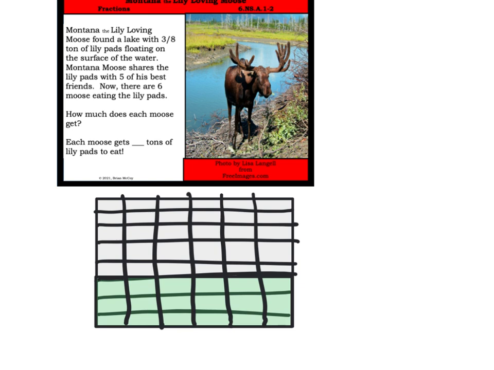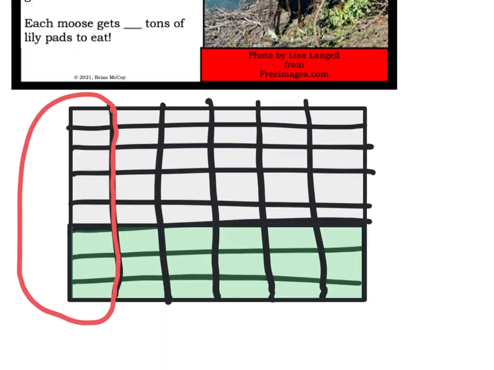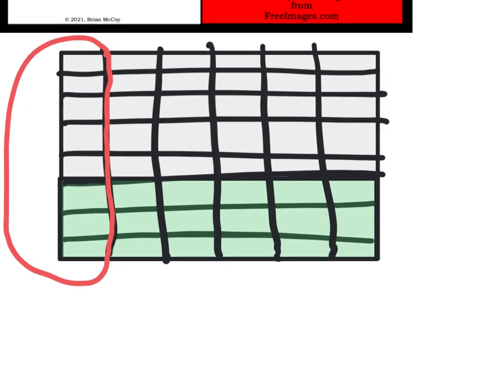So let's go ahead and circle Montana's section. It would be this right here. Now the white is not colored in, so that's not even there. Those are lily pads that aren't there. This is the amount of the ton of lily pads that's not there. So Montana here gets these 3. Montana is going to get 1, 2, 3 out of the entire ton.